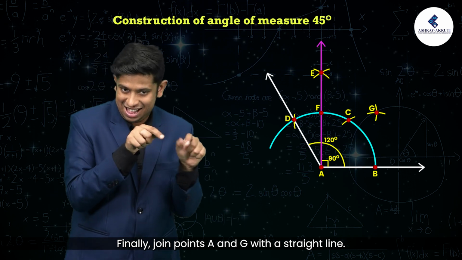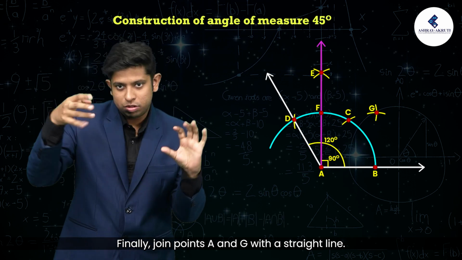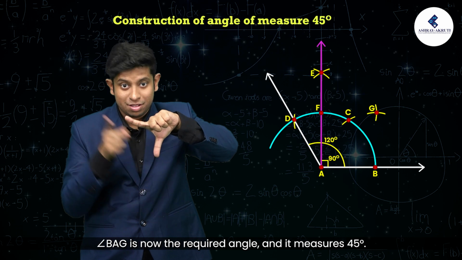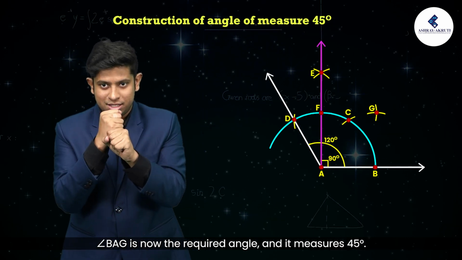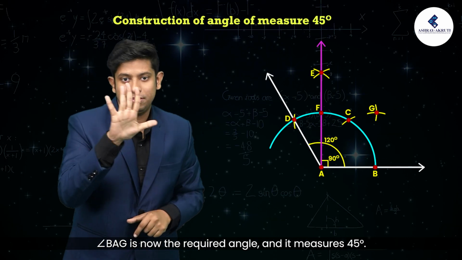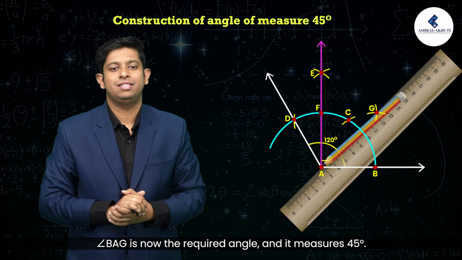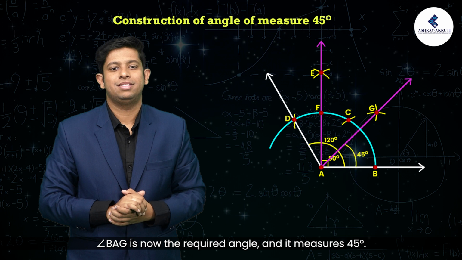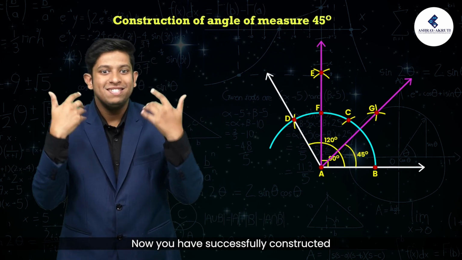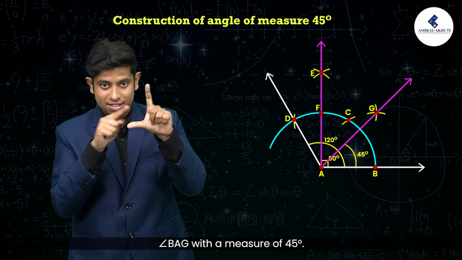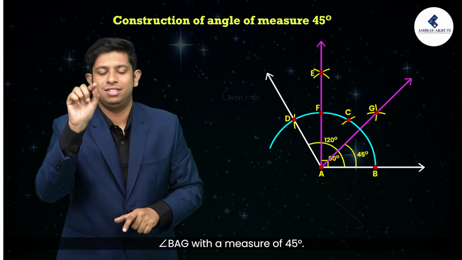Finally, join points A and G with a straight line. Angle BAG is now the required angle and it measures 45 degrees. Now you have successfully constructed angle BAG with a measure of 45 degrees.